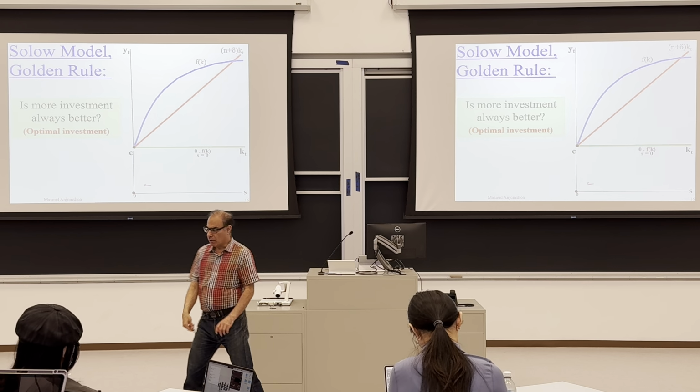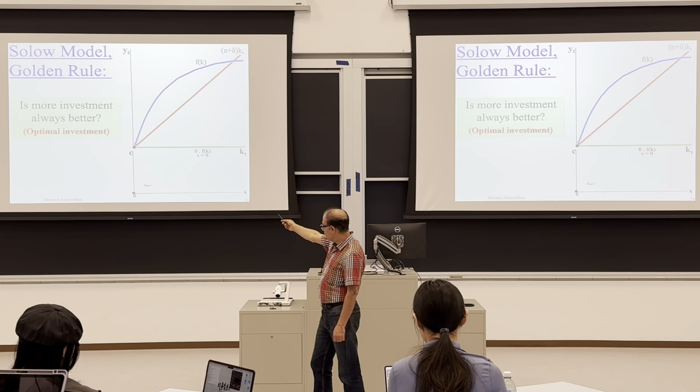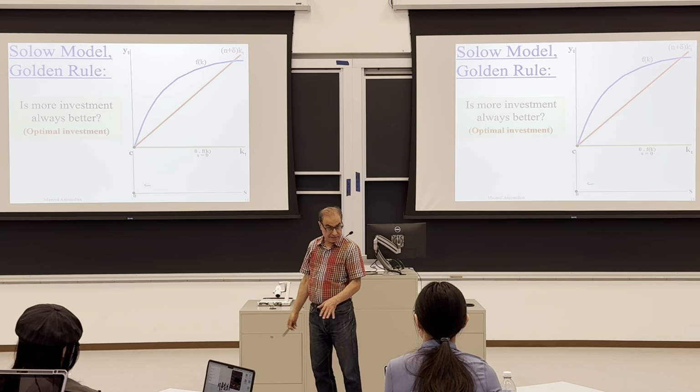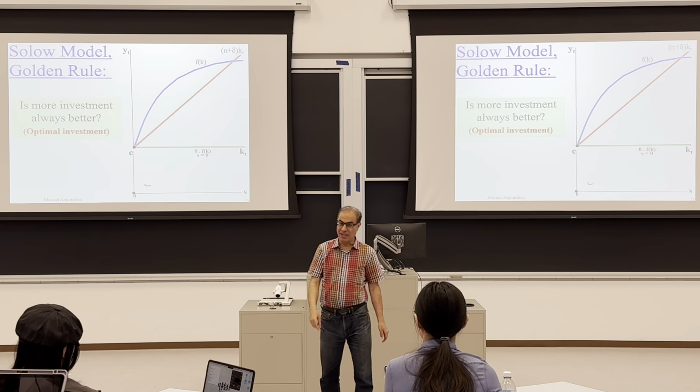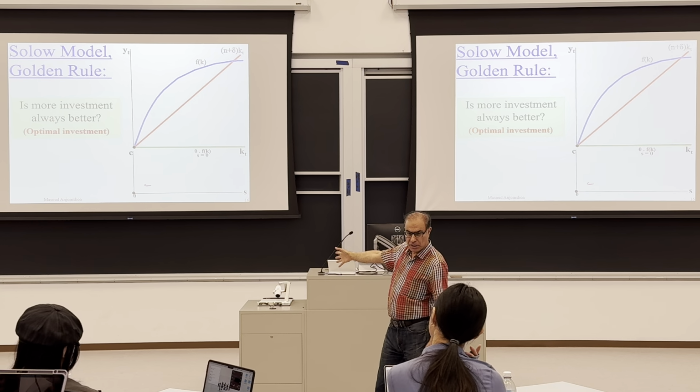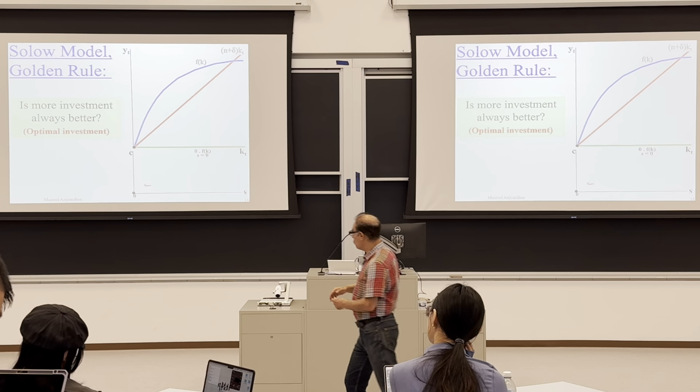So what is the steady state equilibrium here? Remember the origin, last time we talked about that? The origin is a steady state equilibrium. Very boring, we call that, because everything is 0. 0 output, 0 consumption, 0 everything.